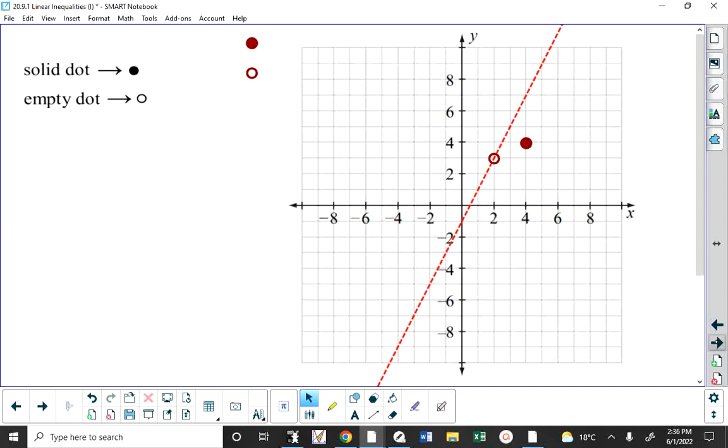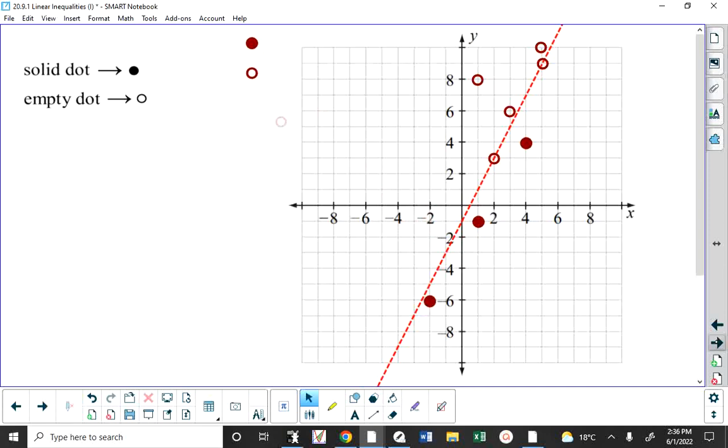You don't have to draw it that big. 1, 8 is not. 5, 10 is not. 3, 6 is not. 5, 9 is not. 1, negative 1 is. Negative 2, negative 6 is.